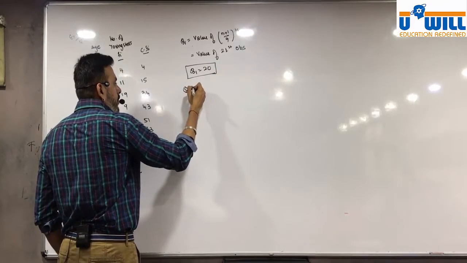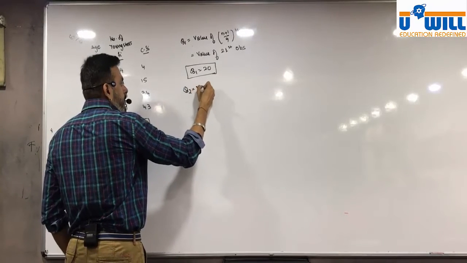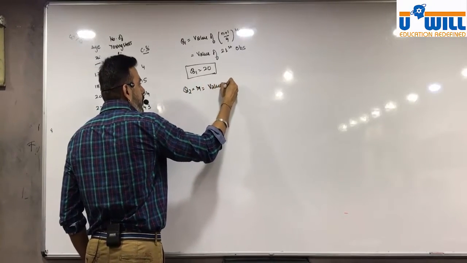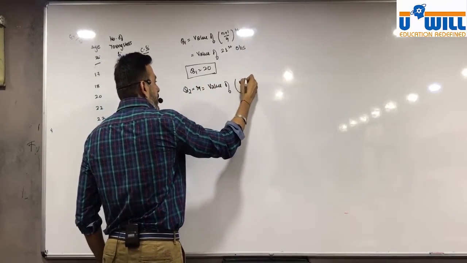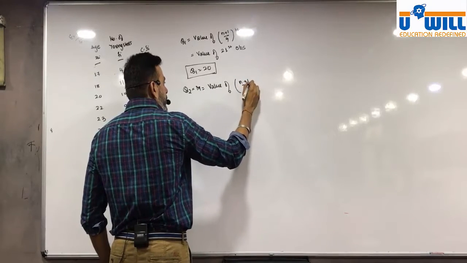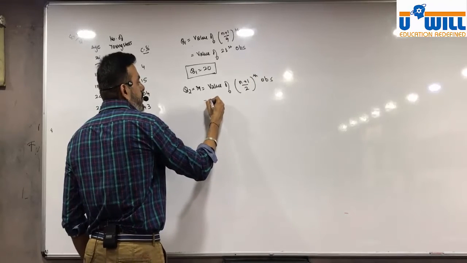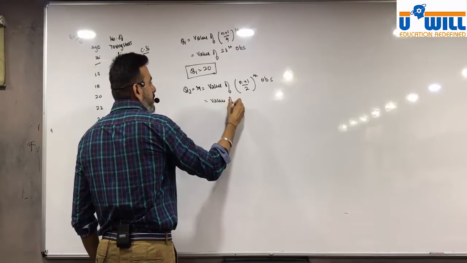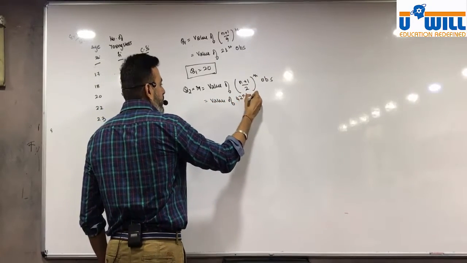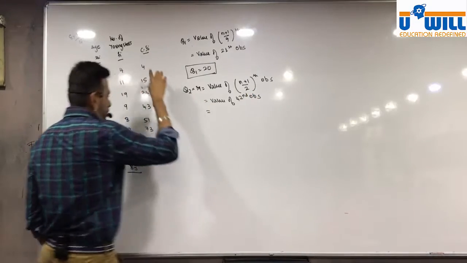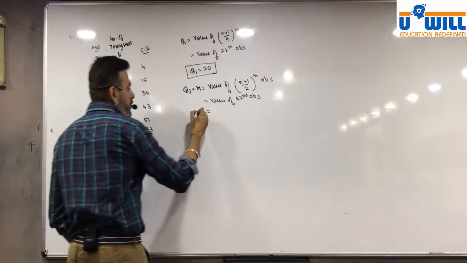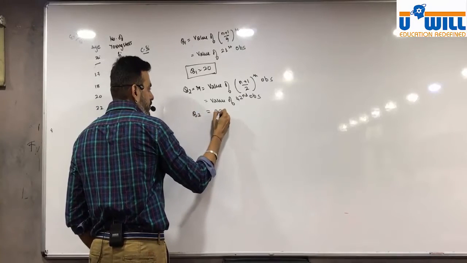Q2 or median is equal to the value of (n plus 1) by 2th observation, which is equal to the value of the 42nd observation. The 42nd comes here, so Q2 is equal to 22.